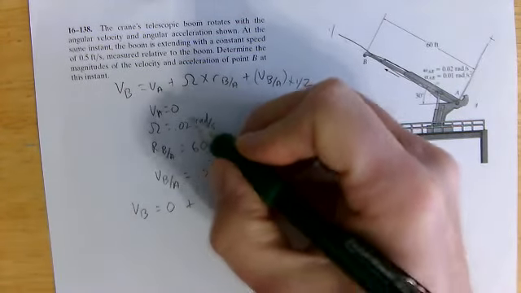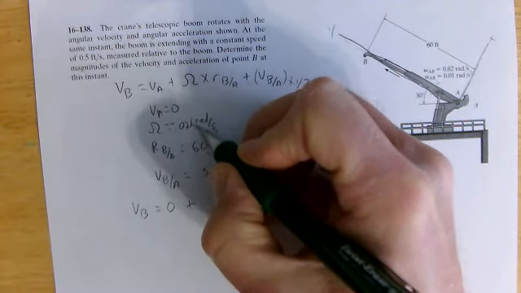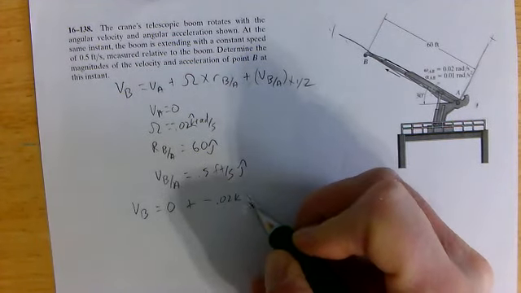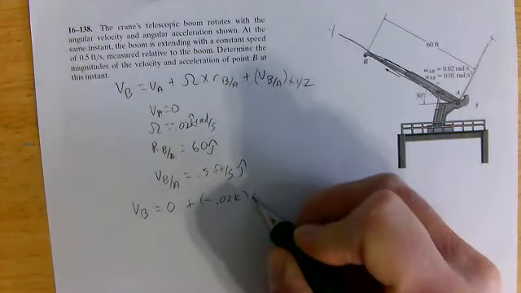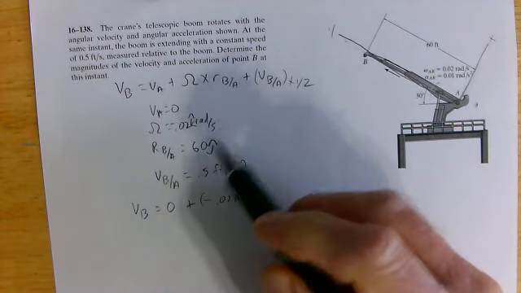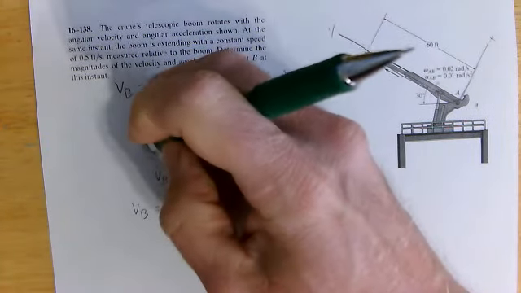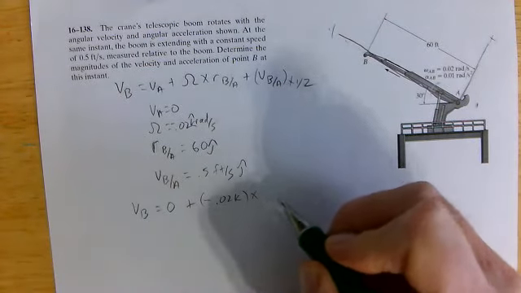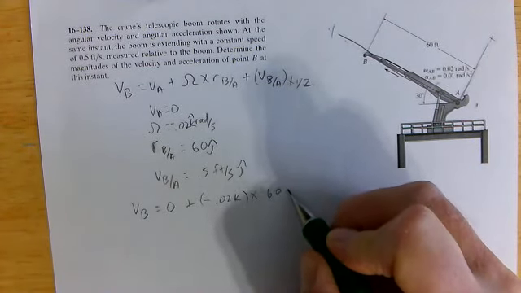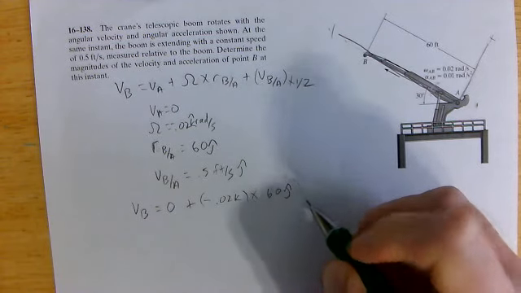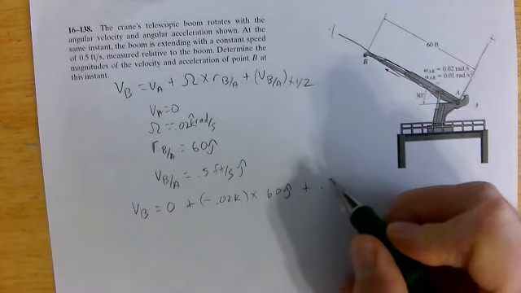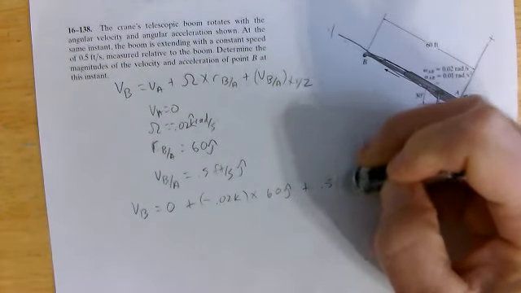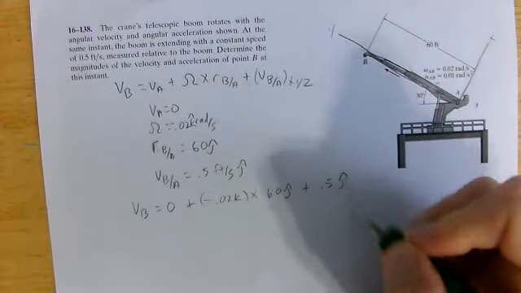So negative 0.02 in the K crossed with r, should have been a little r, crossed with 60 in the J plus 0.5 feet per second in the J.